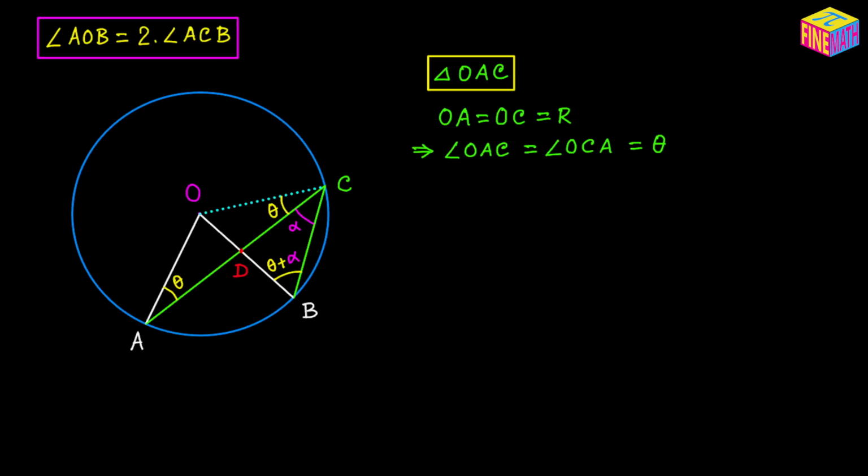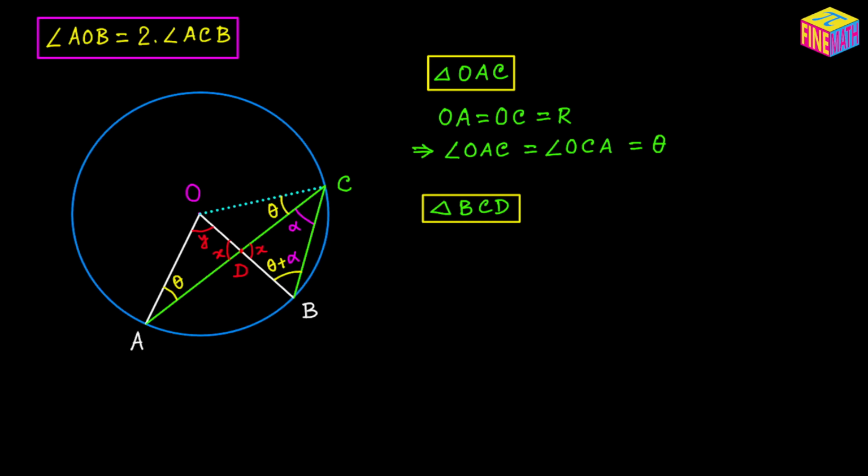Next, I am going to assign a variable for the angle BDC and the angle AOB. Let's suppose the angle BDC is equal to x degree and the angle AOB is equal to y degree. Then clearly we can see that angle ODA will also be equal to x because it is vertically opposite to the angle BDC, which is equal to x degree. So angle ADO will be equal to x.